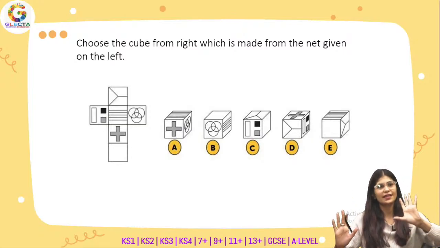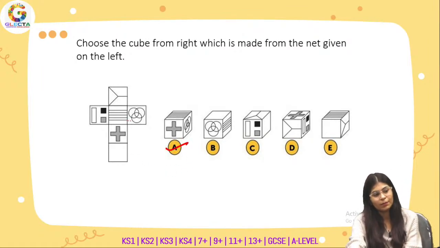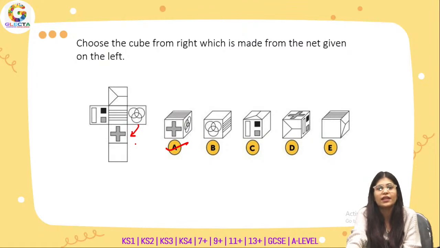So most of you guys have done this question correctly. The answer to this question is A, because the lines and plus sign are already in position. All you have to do is bring this one to this side and you'll have your answer. Let's look at why the other ones are not the correct answers. Blank and lines are opposite. This is the blank, this is the blank, this is the lines opposite.